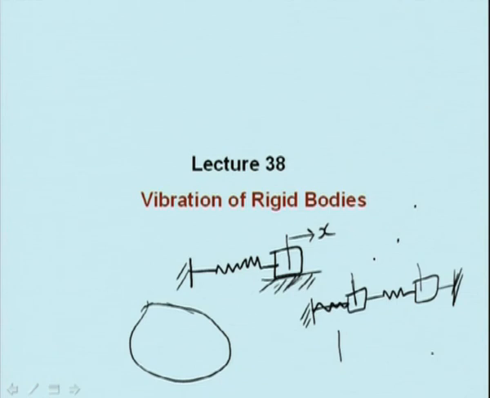However, if we restrict the body to plane, then the body has only 3 degrees of freedom. A rigid body in xy plane can be moved along x, it can be moved along y, then it can be rotated about the z axis.